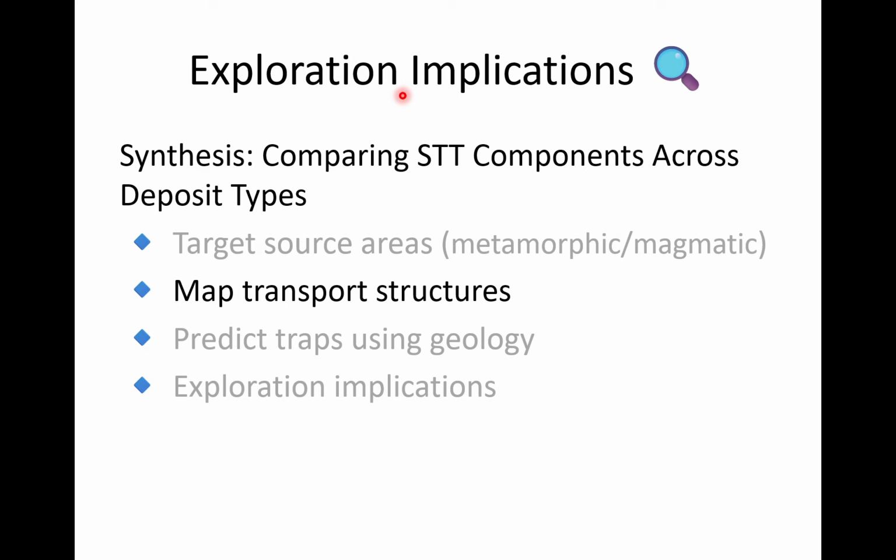Hemlo's case of melt transport is unique. It underscores that in high-grade metamorphism, transport can occur in the partial melt regime, which doesn't happen in the shallow epithermal setting.